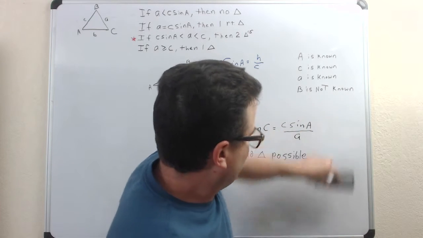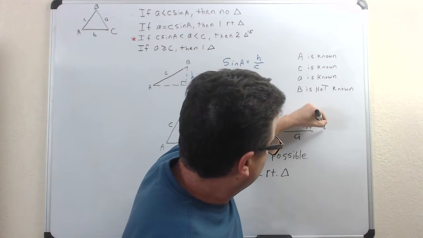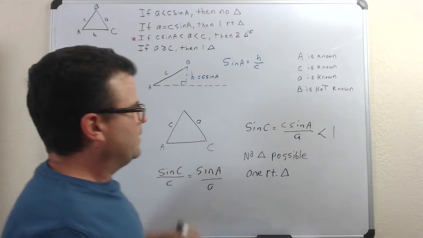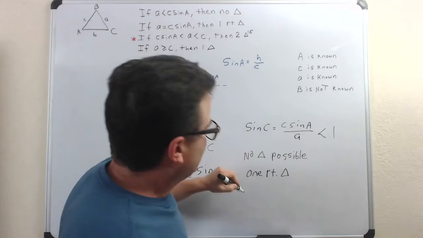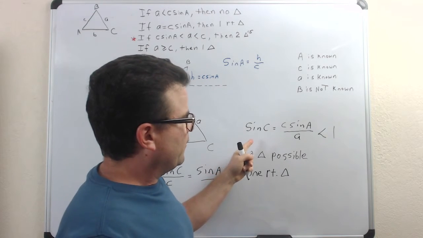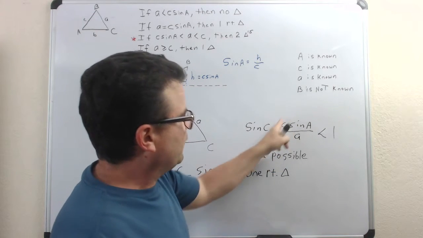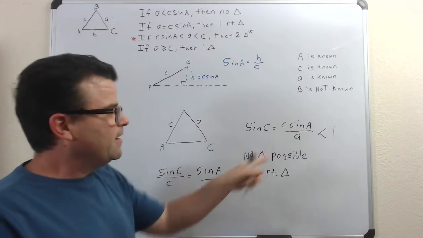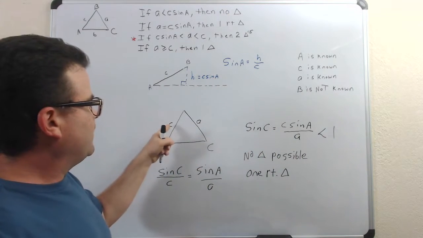If this is less than 1, then C is equal to arc sine of this value, but we'd also have to check to see if a is less than c.